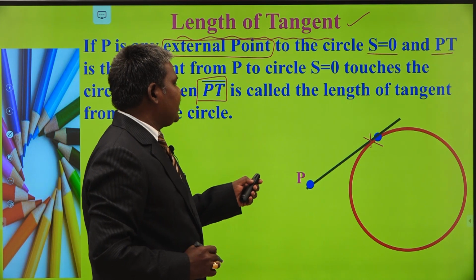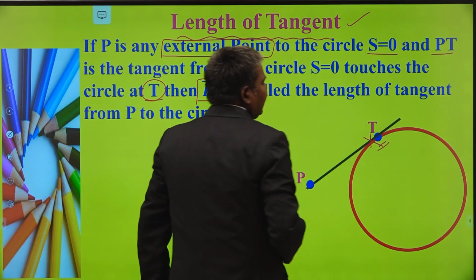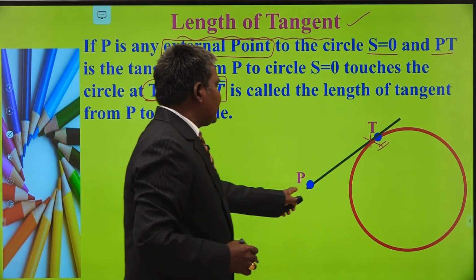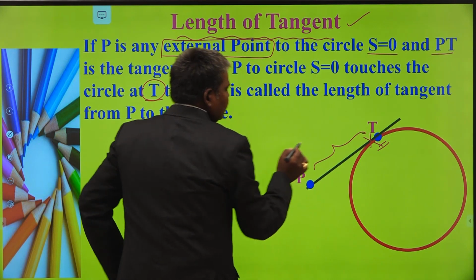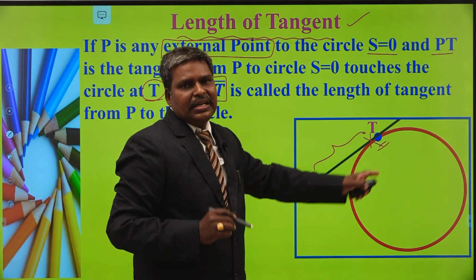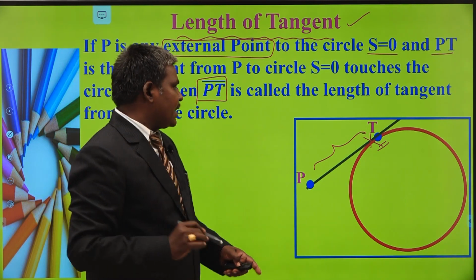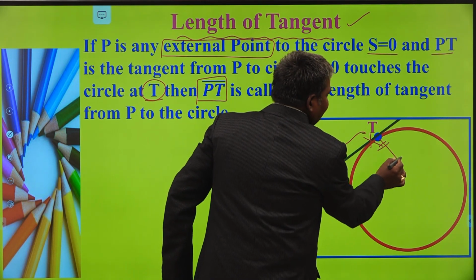So this is the point of contact as shown in this figure. This is T. This is my point of contact. Then the distance from here to here is called the length of the tangent. What is T? T is the point of contact of the tangent to the circle. This is called what? Point of contact.